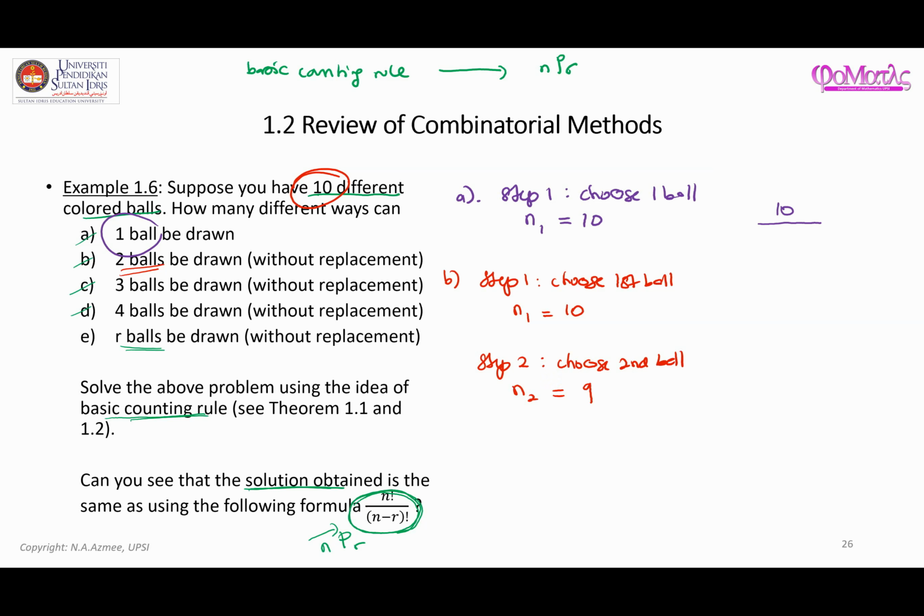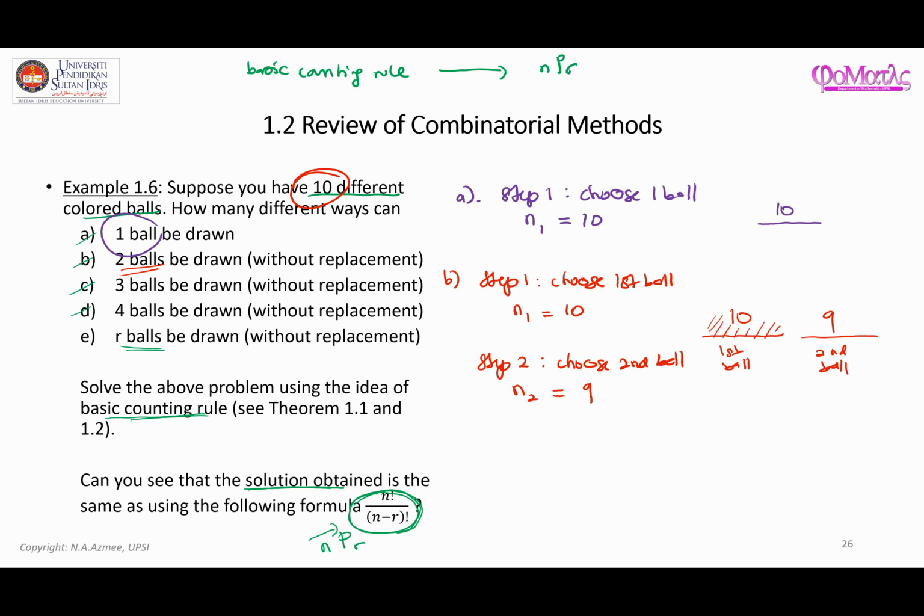Okay, so imagine that this is the space for the first ball. You have 10 options. So if the space has already been filled up, then the next space, which is for the second ball here, the number of options that you have is going to be reduced to 9.